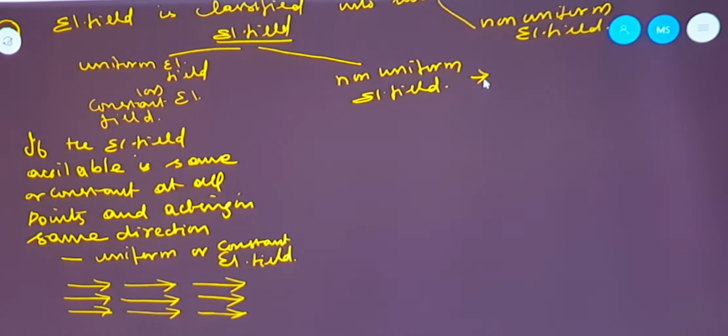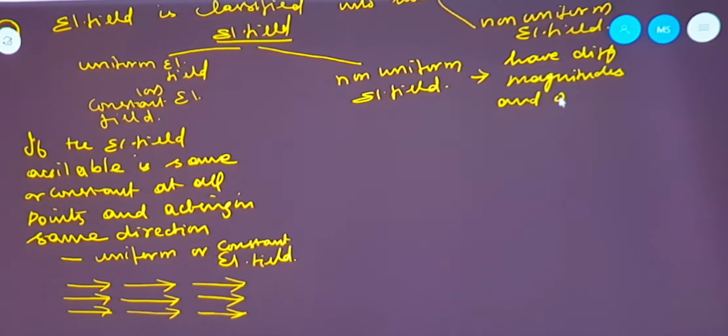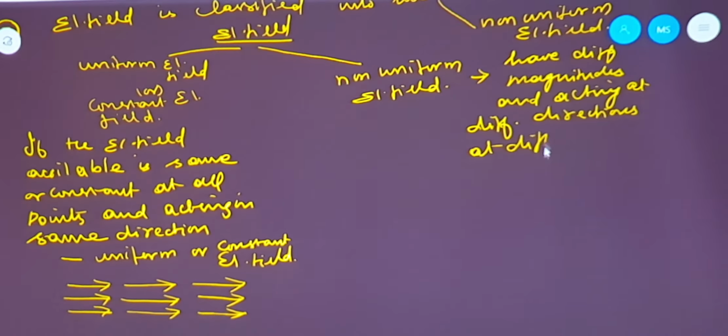See, this non-uniform electrical field has different magnitudes, and they are acting in different directions inside the space or inside the field at different points.